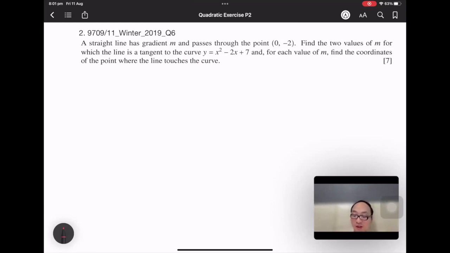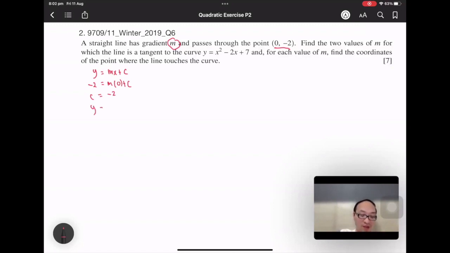So we can find the equation of the line first. y equals mx plus c. The gradient is m and it passes through the point (0, negative 2), so we can substitute the point into the equation. So negative 2 equals m times 0 plus c, so c is negative 2.